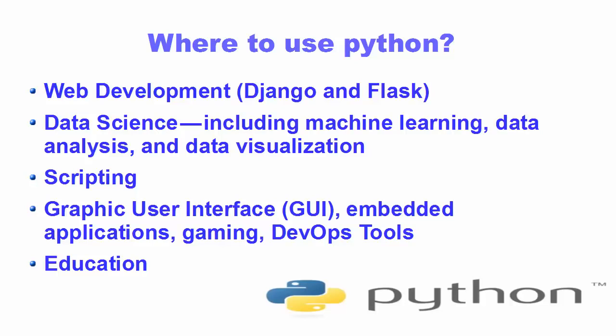As I said, Python is used as a scripting language. That means if you are doing prototyping, it's really efficient to use Python. Python is also used in the development of graphical user interfaces, embedded applications, gaming, and DevOps tools. And at last, because Python is really easy to learn, it's used for educational purposes as the first programming language for teaching programming.